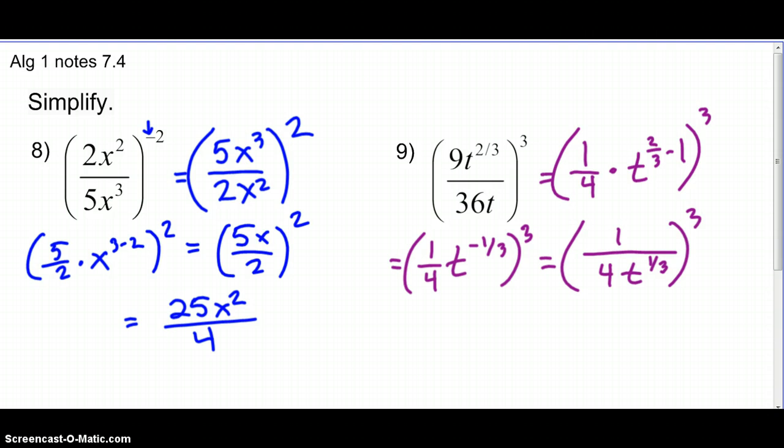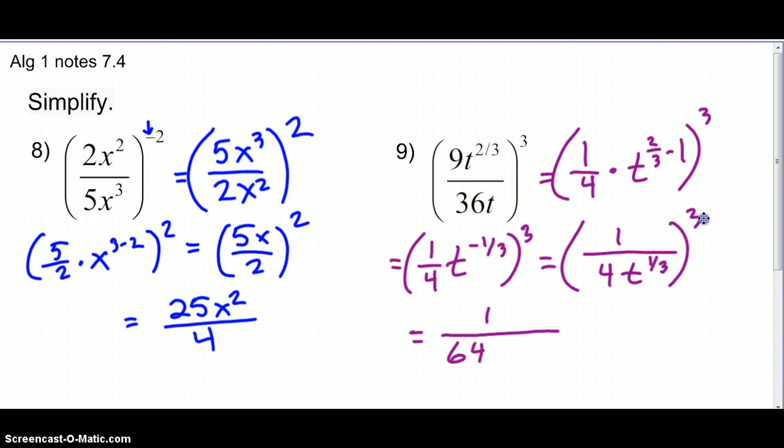My last step now is to go ahead and cube each of the terms. The numerator is 1 times 1 times 1, which will just leave us with 1. 4 cubed, well 4 times 4 is 16. 16 times 4 is 64. And then we have to deal with this one, t to the 1/3 cubed.